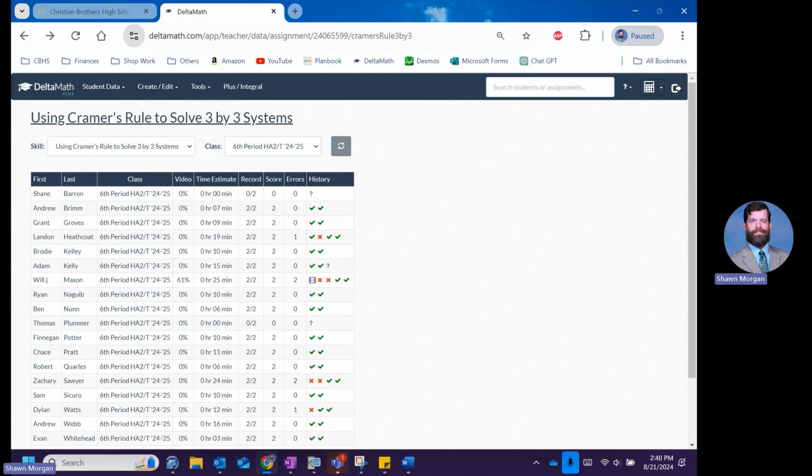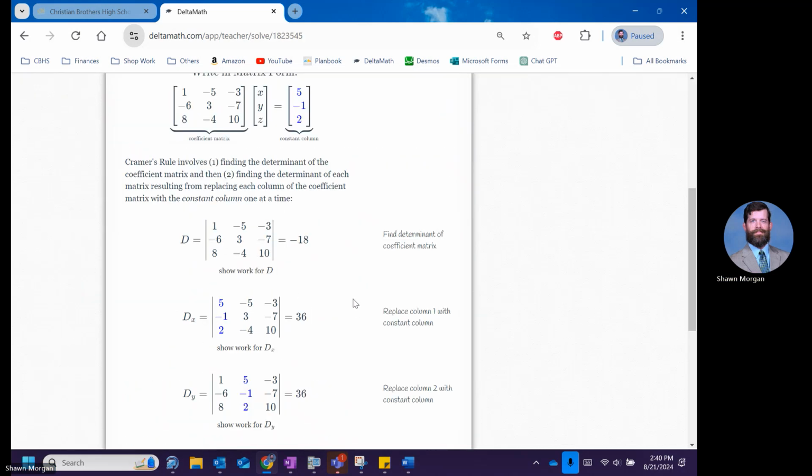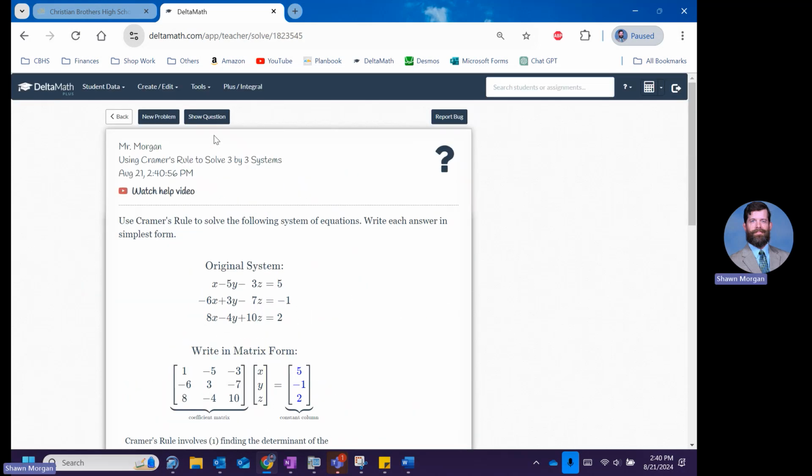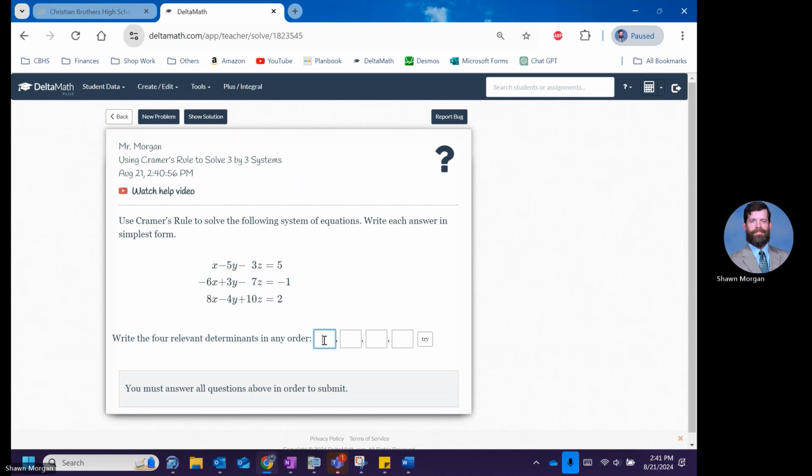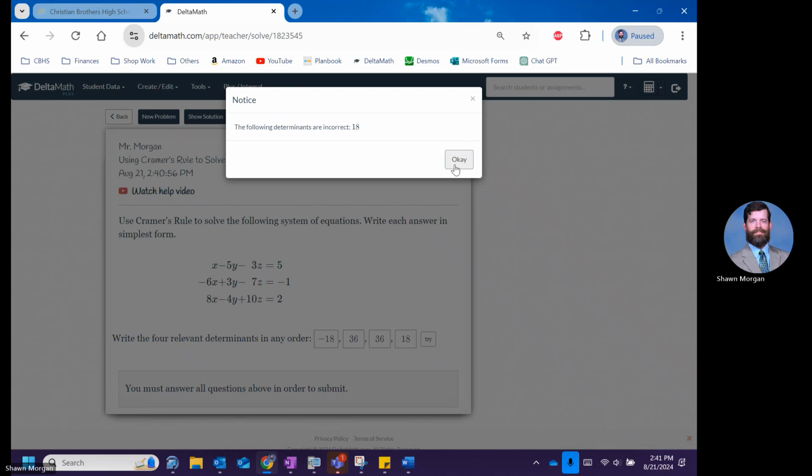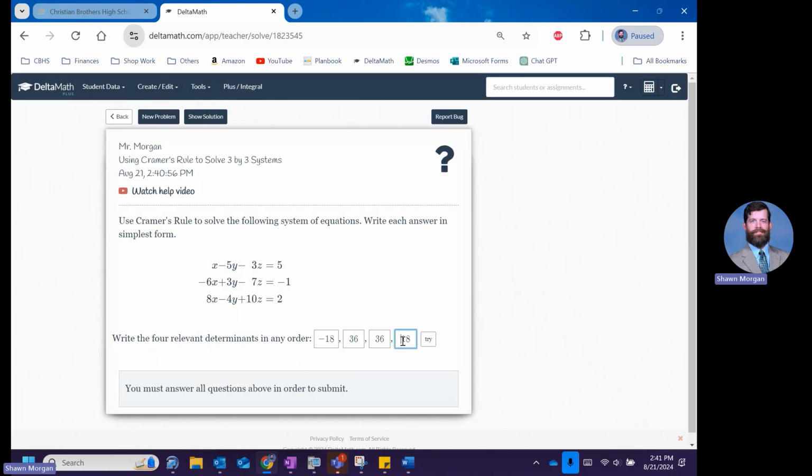I think Delta Math wanted it simplified. I don't know. Well, let's see. Negative 18, 36, 36, 18. All right, hold on. Negative 18, we're investigating. 36, 36, 18. Was this one negative 18?